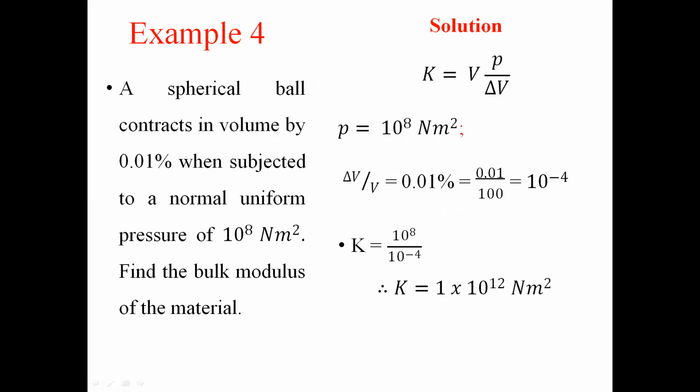Example problem for this bulk modulus K. A spherical ball contracts in volume by 0.01% when subjected to a normal uniform pressure of 10 to the power of 8 Newton per meter square. Find the bulk modulus of the material.